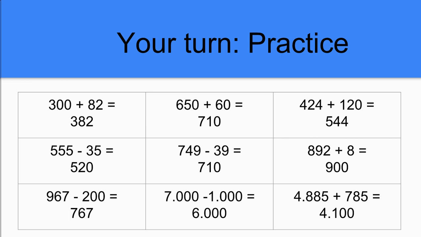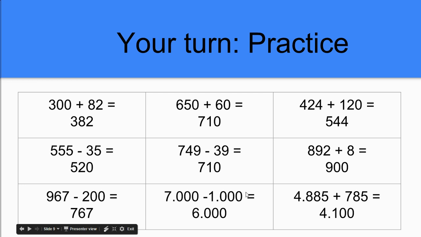Great job. Hopefully you came up with these answers. So, 300 más 82 son 382. 555 menos 35 son 520. 967 menos 200 son 767. 650 más 60 son 710. 749 menos 39 son 710.